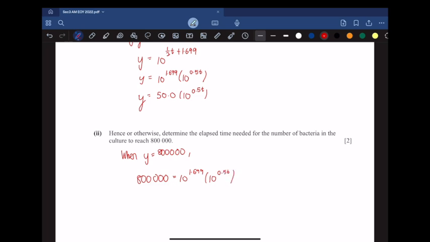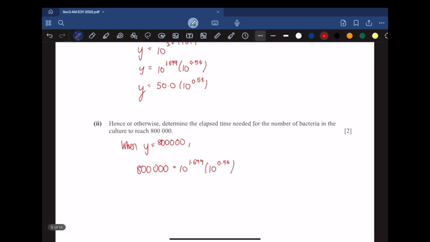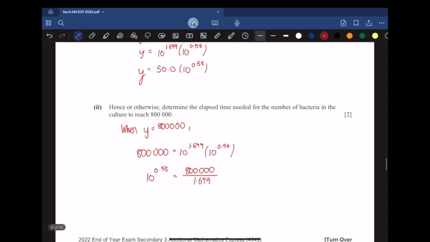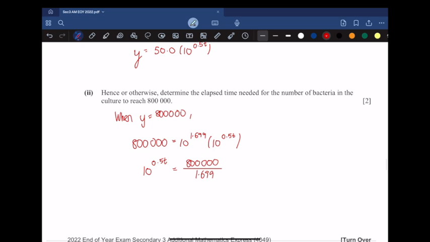Over here, very simply, just solve this equation for t. Therefore 10 power 0.5 t equals 800,000 divided by 1.699. To solve for t, remember we use logarithm to bring down unknown powers. So I can do that by taking log on both sides.